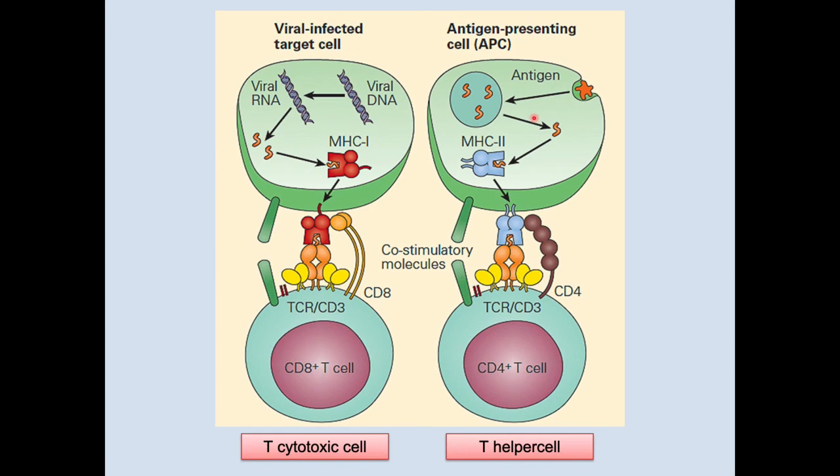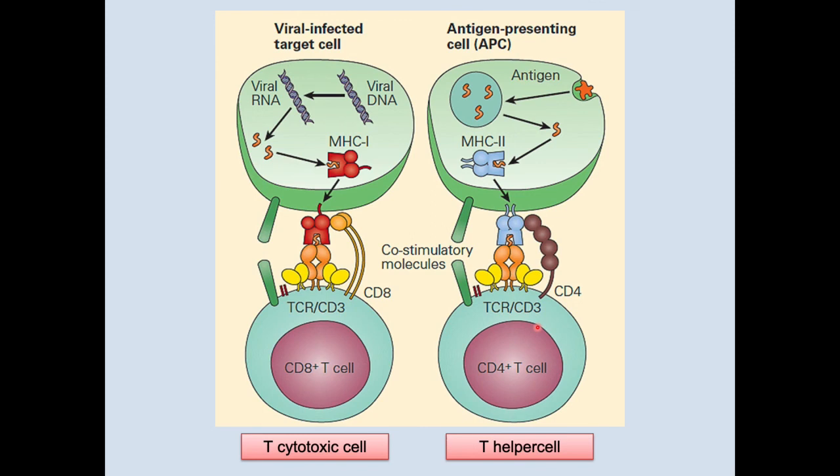Okay. Whereas on the APC, the MHC2 will be recognized by the T helper cell. Okay, and the consequences of the engagement between MHC2 from the APC and CD4 from the helper T cell is that it will activate a macrophage.